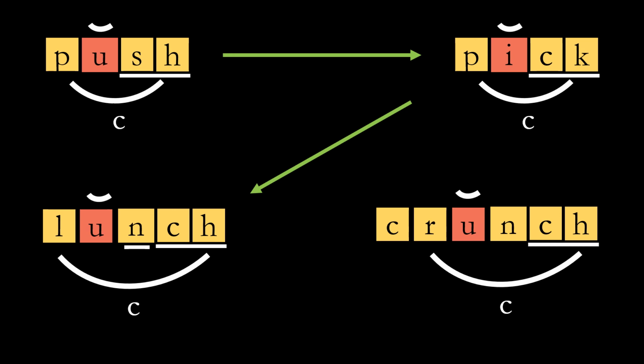But this time, we're going to underline the digraph and the N before it, and the CR in the beginning. We underline the CR separately because this is a blend. And the NCH, again, we have three letters making two sounds, and ch. And that is a digraph blend.